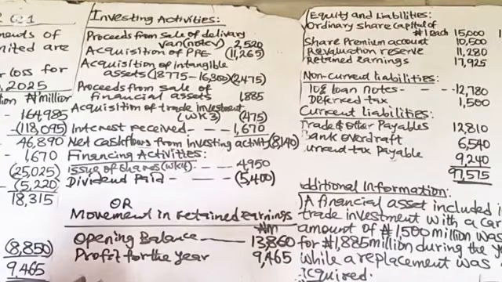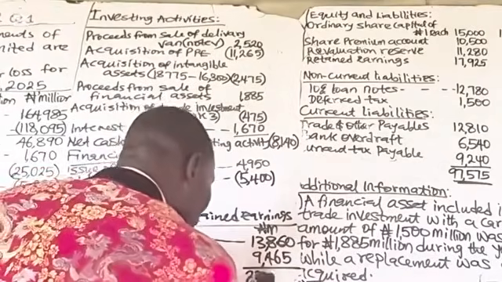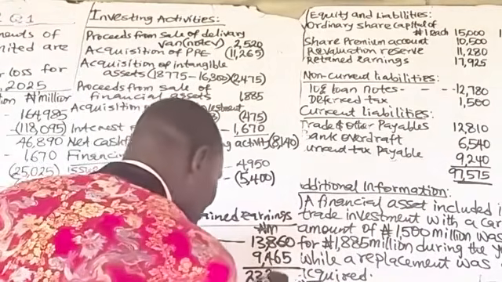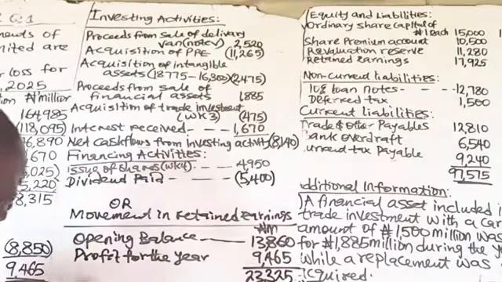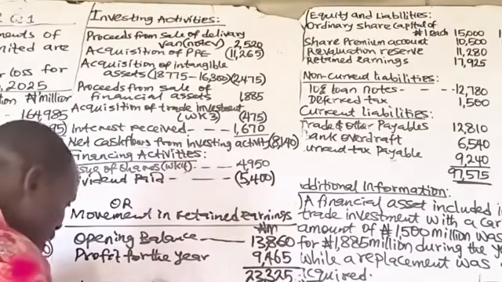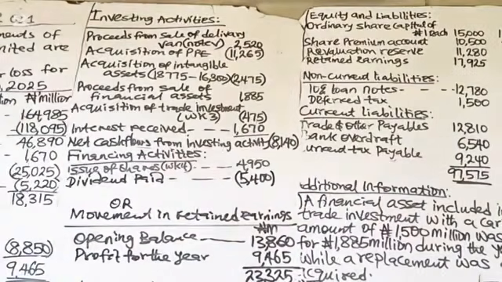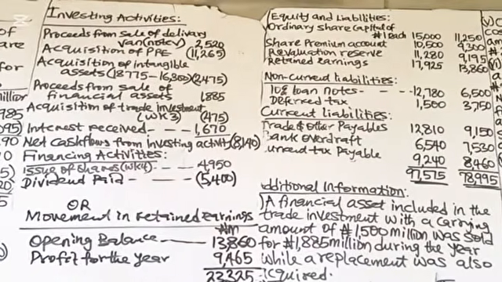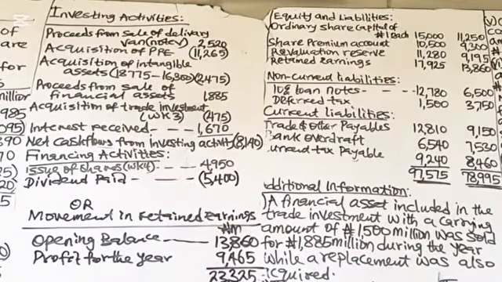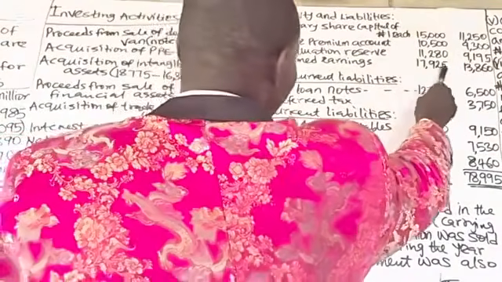So if you sum them up, 13,860 plus 9,465, it totals 23,325. Then you have the closing balance of retained earnings, which is obtained from the equity section of the statement of financial position. And that amounted to 17,925.